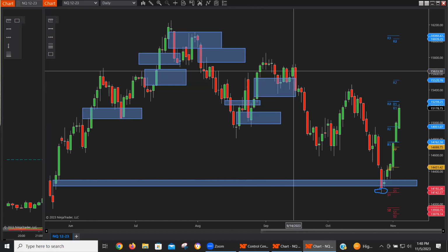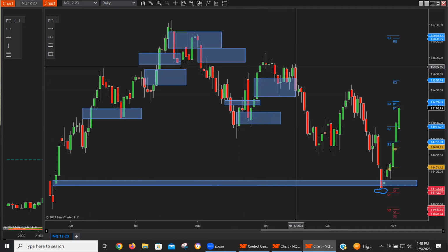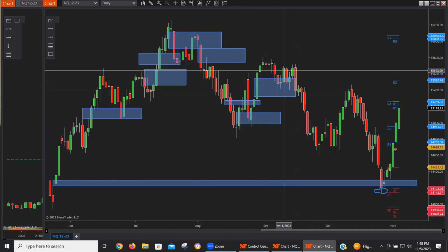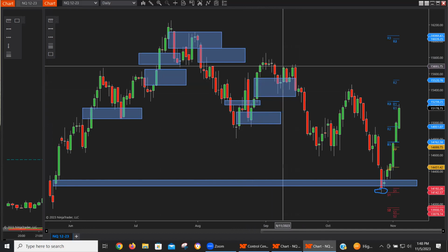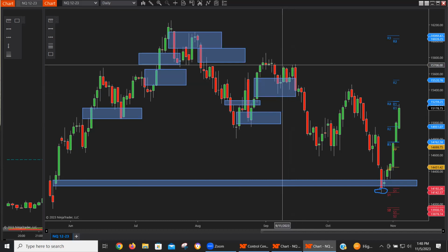You had an imbalance here, which actually is viable with this move here, but we won't include that. Came back to that imbalance. But what did it do? Created what's above this candle? Liquidity. Very good. Came back into the imbalance, still hadn't broken it, came back up to get what was created earlier.